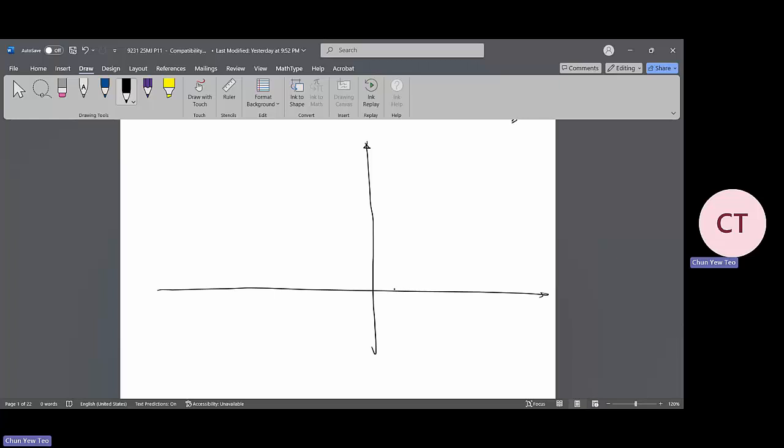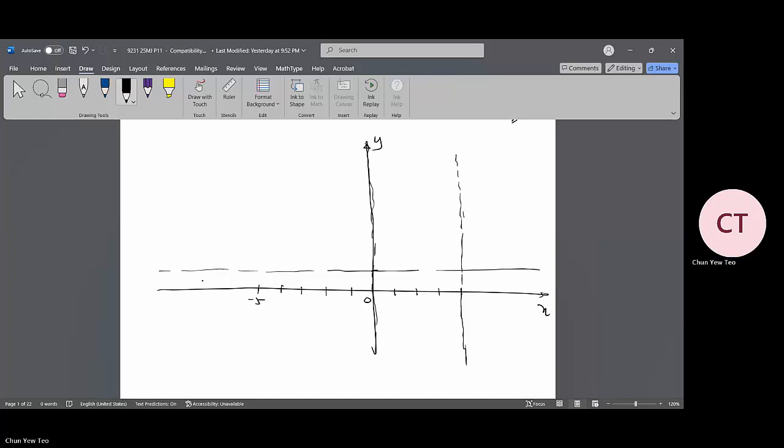We have 1, 2, 3, 4. This is your vertical asymptote. And your horizontal asymptote is 1. This is another vertical asymptote. This is the x. This is the y. So this one is -1, -2, -3, -4, -5.